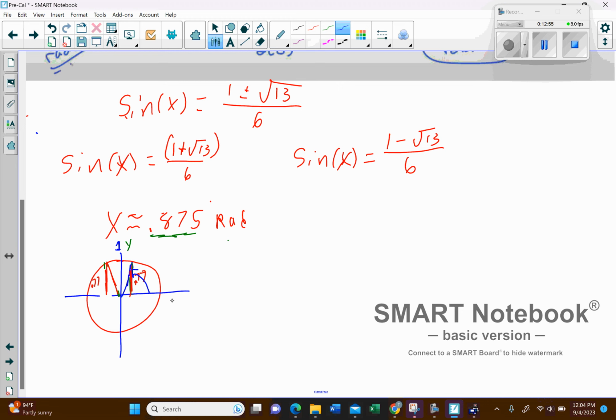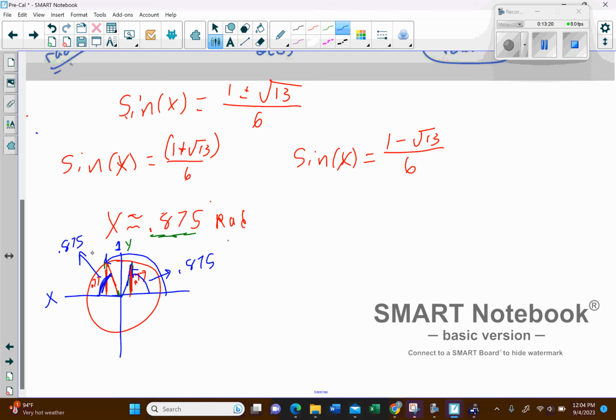But I also want to figure out the angle going to right here, right? Well, if I know that this angle right here is 0.875, well then so is this angle right here, right? So is that angle right there with the x-axis and my other terminal side that I'm coming up with right there, that angle is also going to be 0.875.